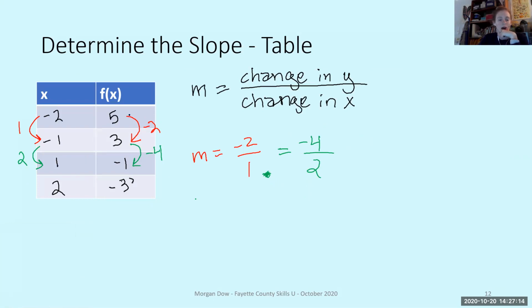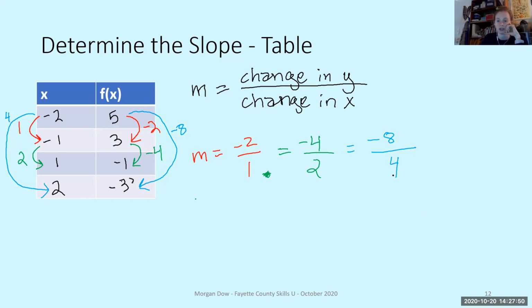Let's go from 5 all the way down to -3. So 5 to -3, that is a decrease of 8. That's going down by 8. And going from -2 to 2, that is an increase of 4. So we get this ratio, this slope of -8/4, which again would just reduce to -2/1.